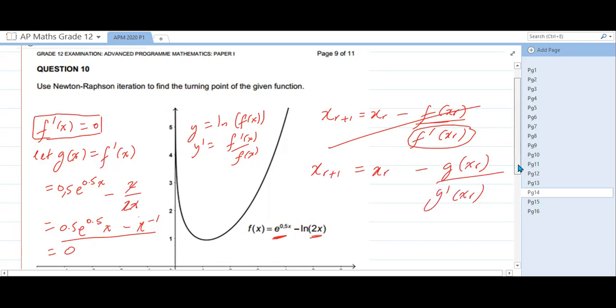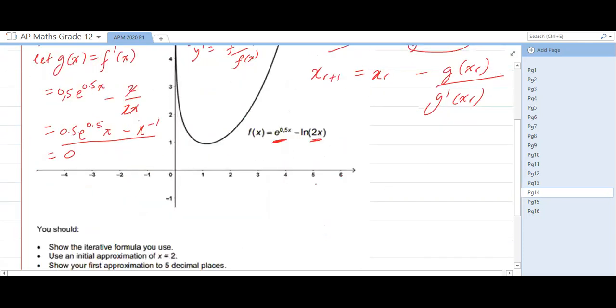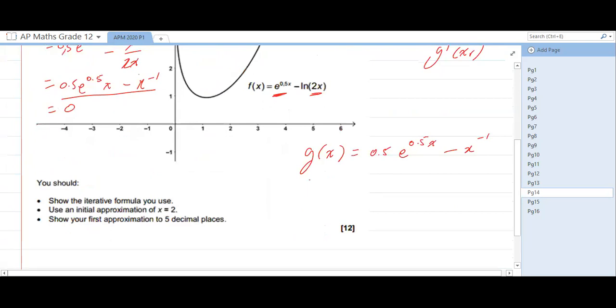Now we know what g of x r is. g of x is equal to 0.5 e to the power 0.5x minus x to the power minus 1. So g prime x is equal to 0.5 times 0.5, which is 0.25 e to the power 0.5x, plus, minus times minus is plus, x to the power minus 2.